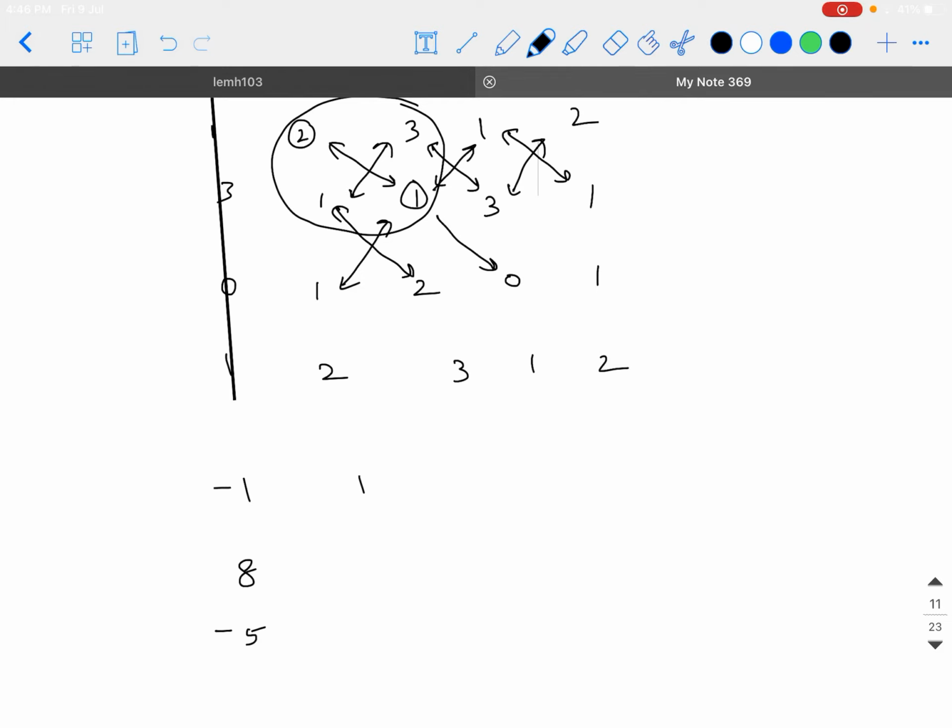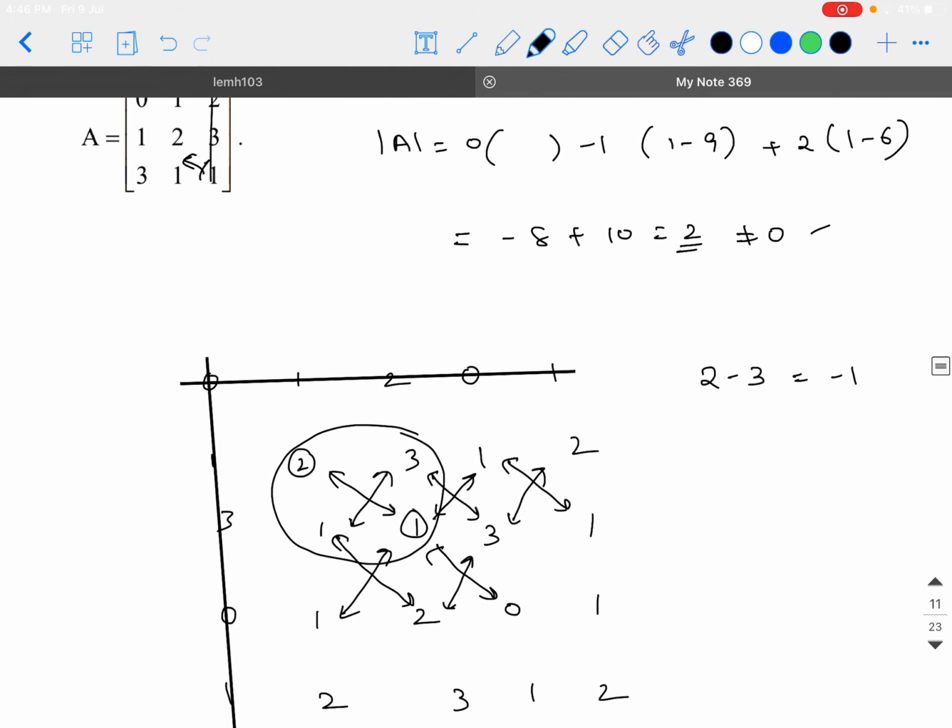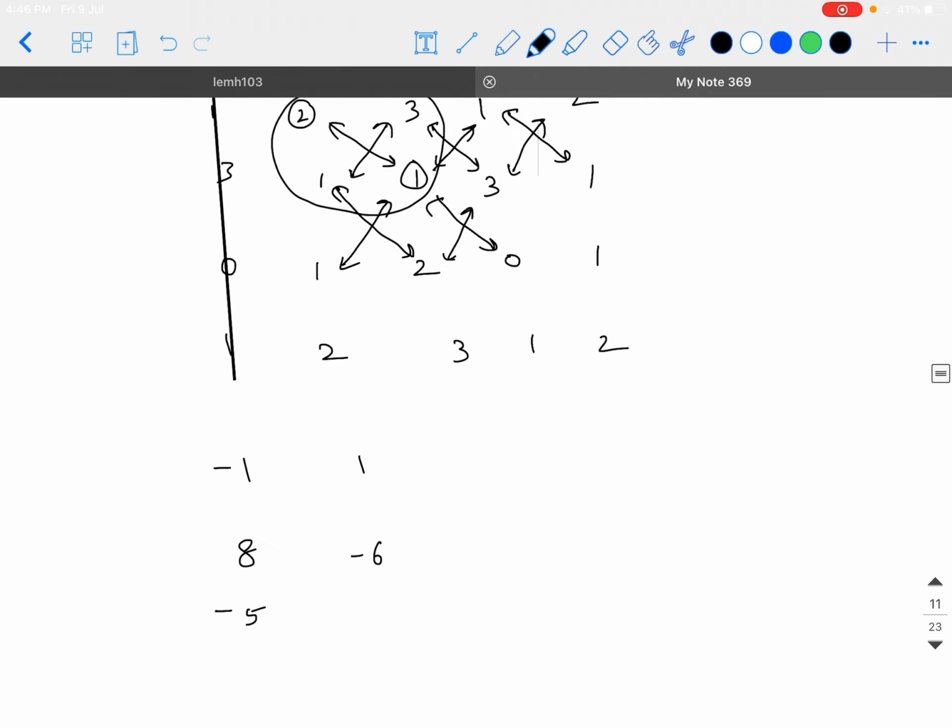Start writing in the next column. 1 into 0 minus 3 into 2. It is minus 6. Similarly, 3 into 1 minus 1 into 0. So 3 into 1 is 3 minus 0.